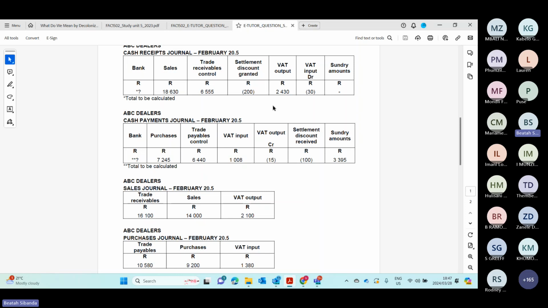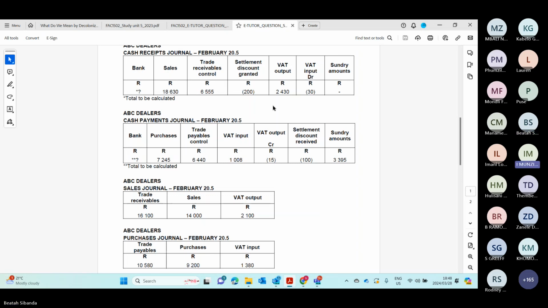You only use the tax fraction if the amount includes VAT. If the amount doesn't include VAT, then you simply multiply by 15%. So the 1,150 would be multiplied by 15% if the amount doesn't include VAT.